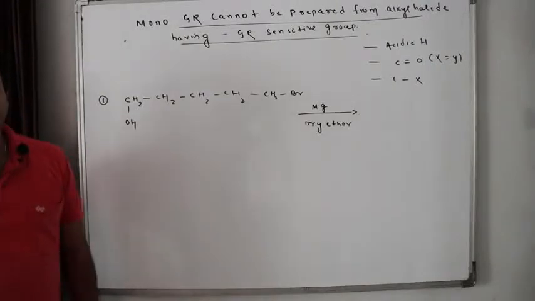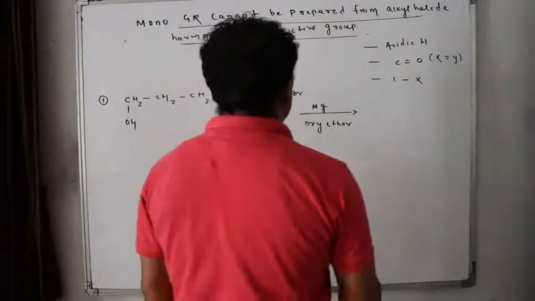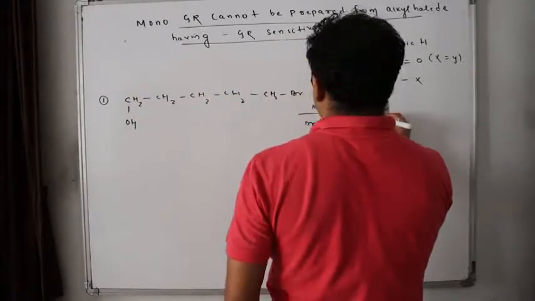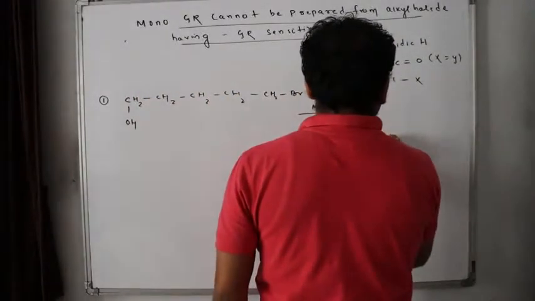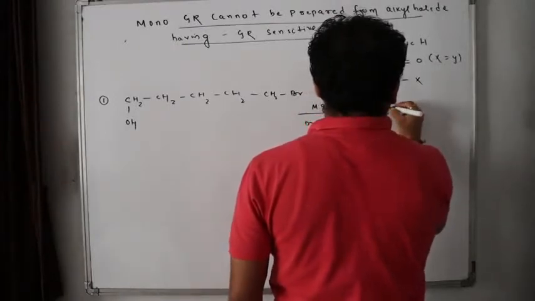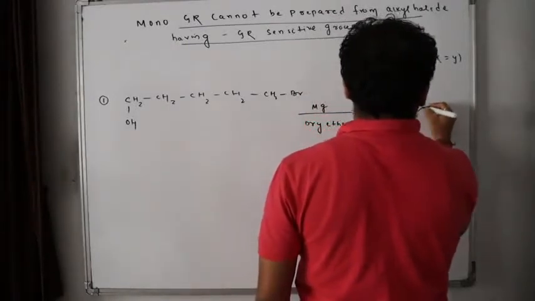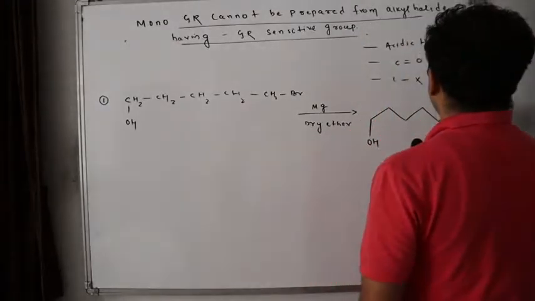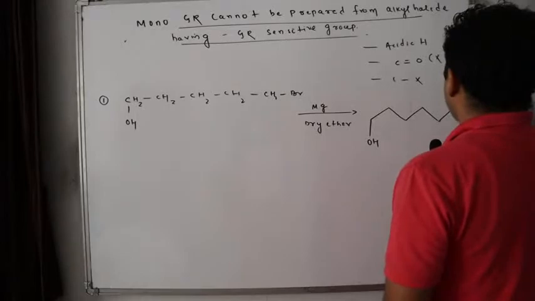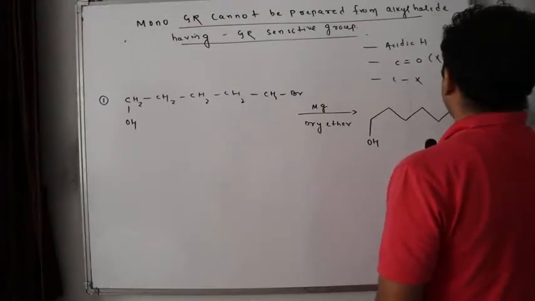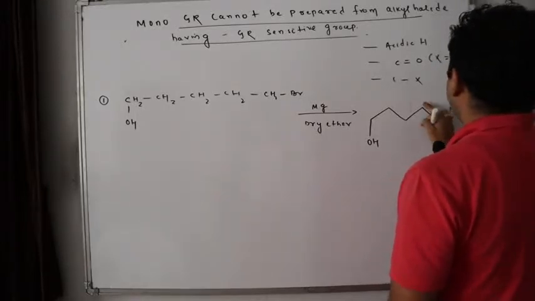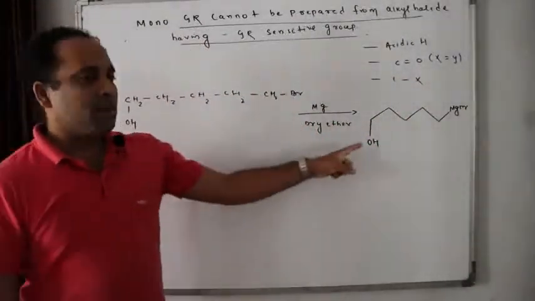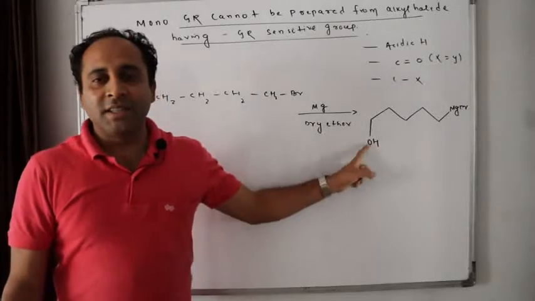So in dry ether medium, what will happen in this case? Let me write it 1, 2, 3, 4, 5: OH, 1, 2, 3, 4, 5, and here Br becomes MgBr, isn't it? MgBr.